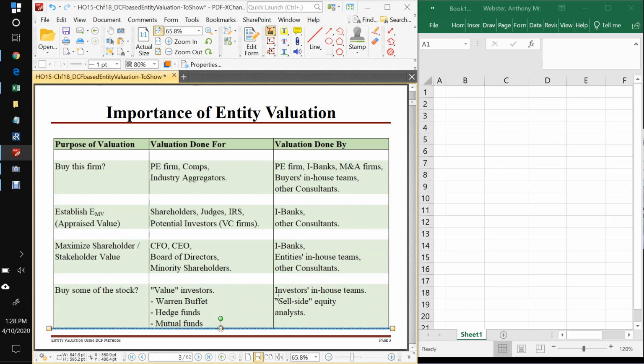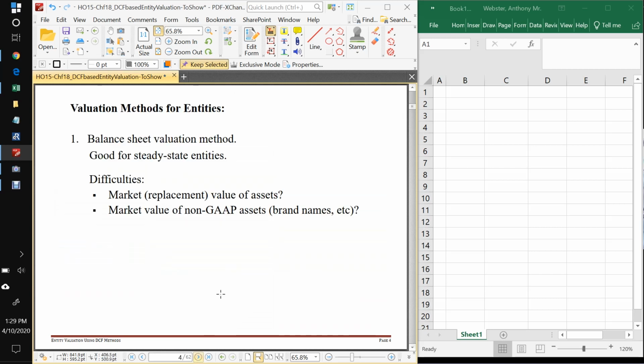And in this case, this will usually be done by the mutual funds, the hedge funds, Warren Buffett's in-house teams. There are also analysts at the investment banks that will do this and provide their analysis to hedge funds, mutual funds, things like that. Okay, so as we can see, entity valuation, very important, comes up in many different contexts.